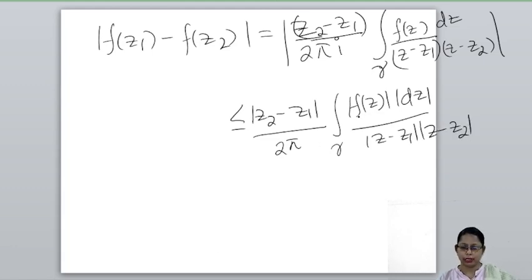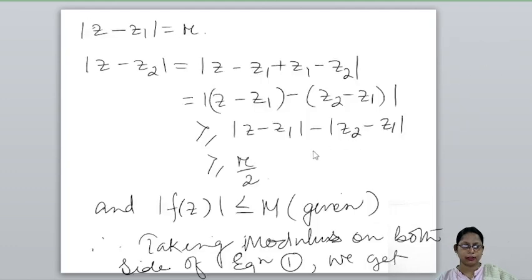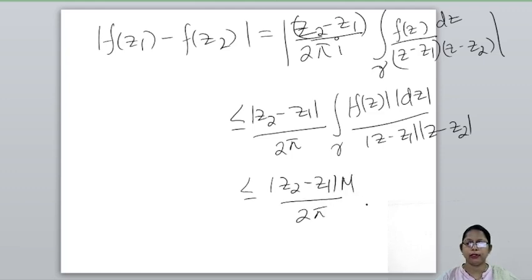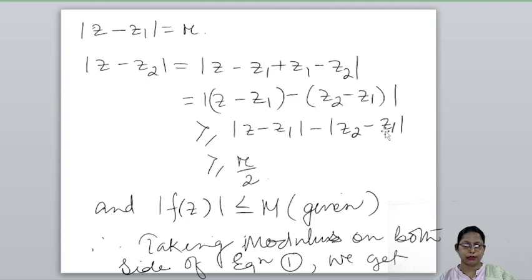Since mod f(z) is less than or equal to M, it is given, this can be taken outside the integral sign. Here z minus z1 is the equation of the circle, it is r, and for z minus z2, we have subtracted a quantity which is less than r from r, so this quantity will be greater than or equal to r by 2.